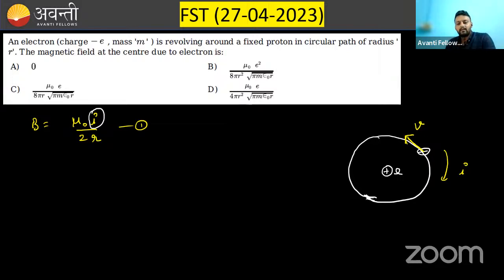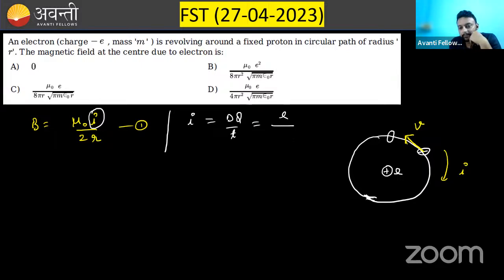For the calculation of I, current in one circular loop or in one revolution: the general formula is I = ΔQ/T. Suppose this is a cross section. In one revolution, the charge transferred is e, divided by time.